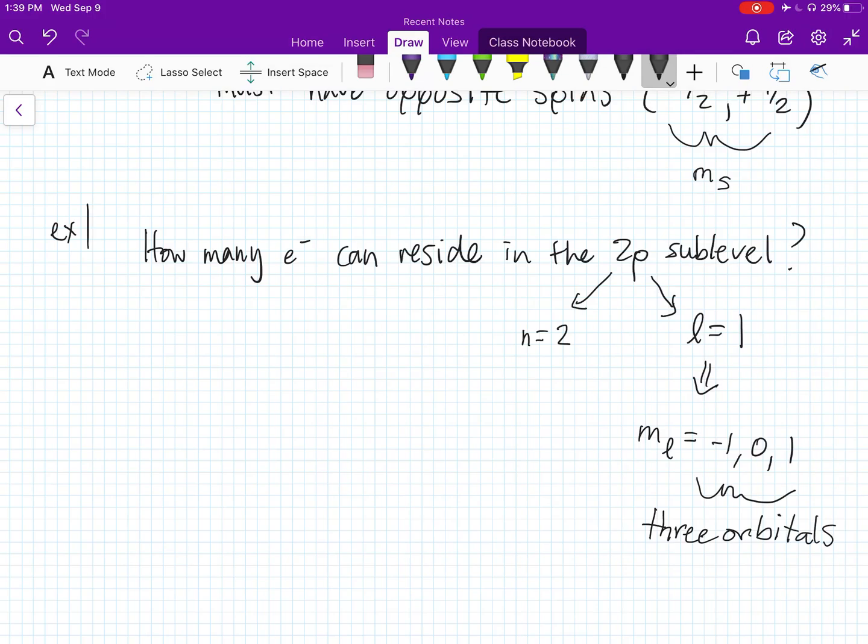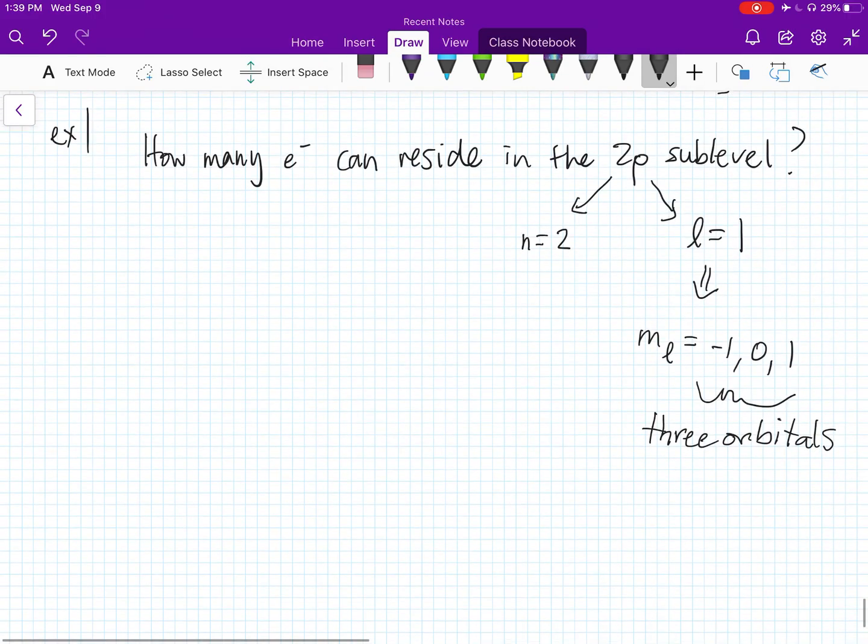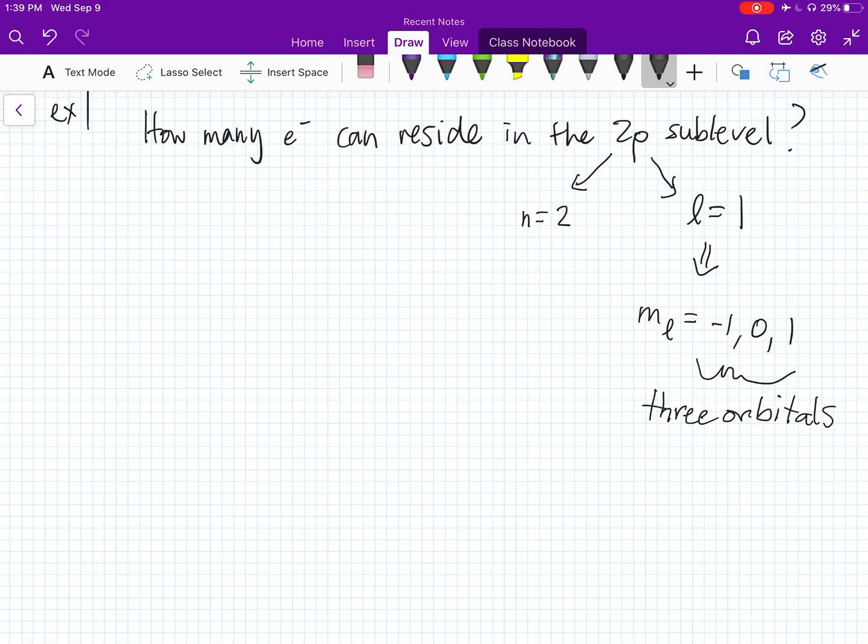We talked about orbital shapes in 3 dimensions. 2p can be lying along the x-axis, the y-axis, or the z-axis. So we're using quantum numbers to prove to ourselves that there are 3 degenerate 2p orbitals for this n equals 2 principal quantum level.